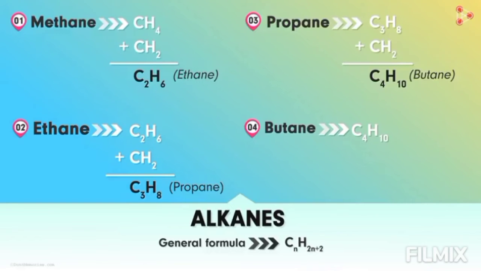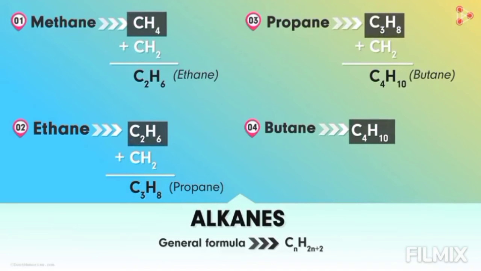So we can write these alkanes in a general formula, CnH2n+2. Here n is the number of carbon atoms. By putting in the number we want at the position of n, we will get the chemical formula for every molecule of the alkanes.